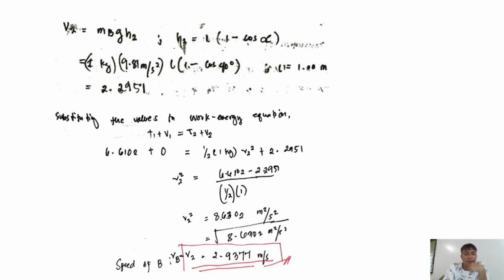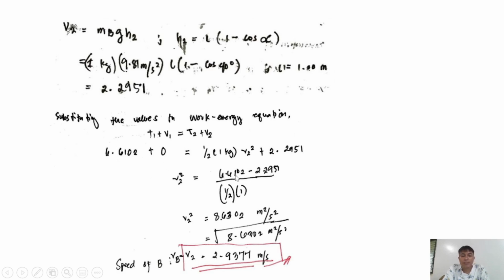So, substituting the values into the work-energy equation. Since V1 as stated earlier is 0, we have 6.6102 plus 0 is equal to 1/2 V2 squared plus 2.2951. Simplifying this, since this is the only remaining variable, we equate the other values to the other side.